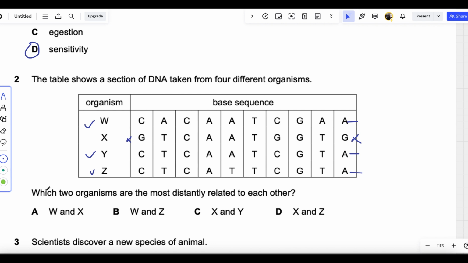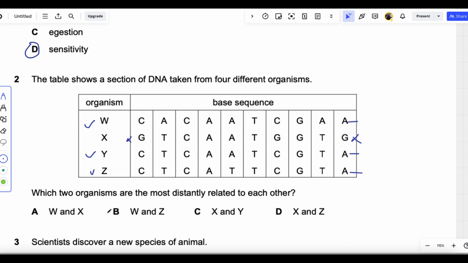Now, the question is, which 2 organisms are the most distantly related to each other? Okay. If they benchmark X with any other one, then they will be distantly related. But if they are say W and Y, they are not distantly related. W and Z, they are not distantly related.